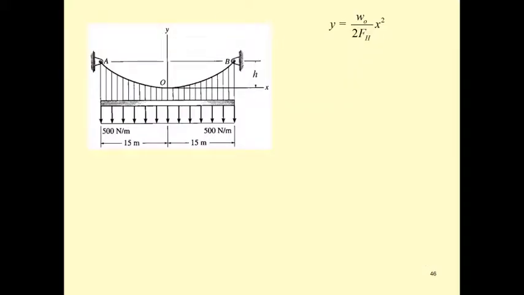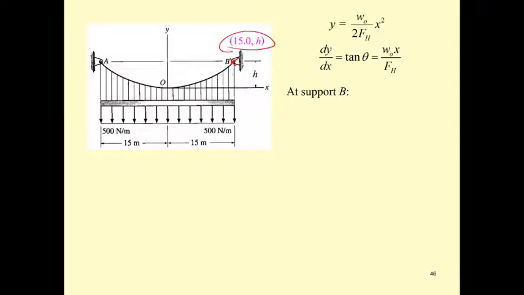Now for the cable equation as before, we start to find the slope equation, and now at the support B. Support B is here. That is going to be half of the span, that's going to be 15, and then up h.